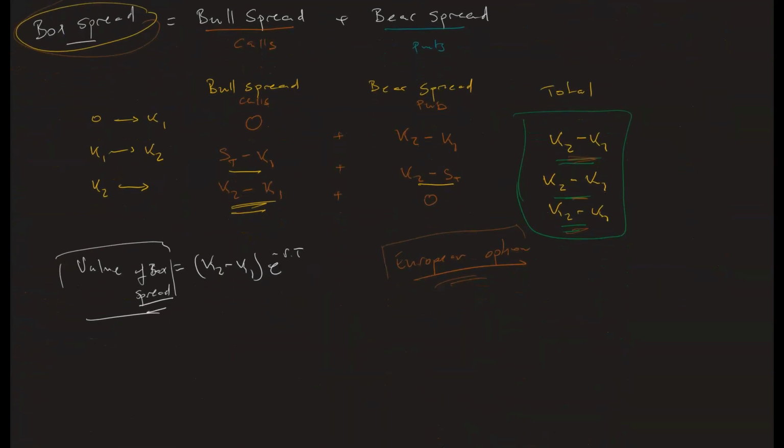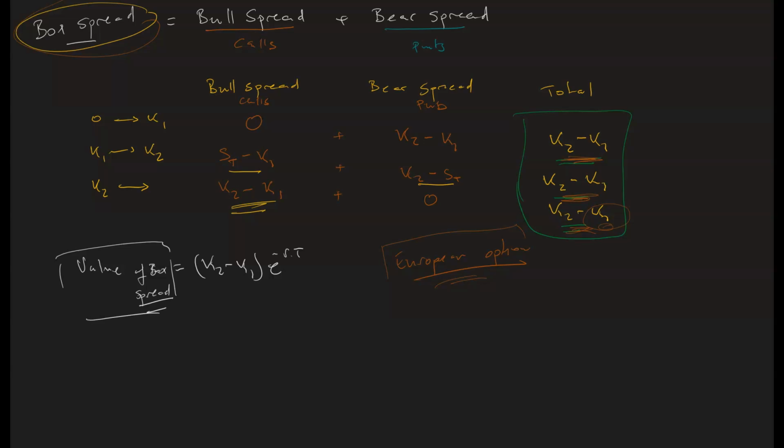our box spread. Now remember, the outcome of the box spread is flat, it's the same no matter where we are on that graph, and so it is always going to be equal to the difference between the higher strike price and the lower strike price, and therefore the value of that box spread strategy or box spread portfolio is nothing else but the present value of that outcome.